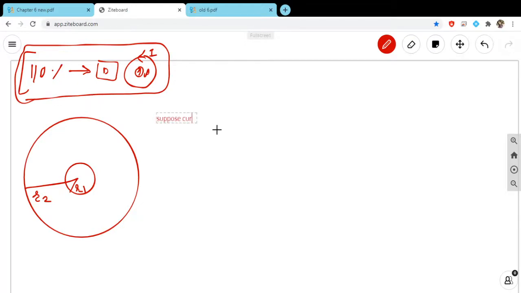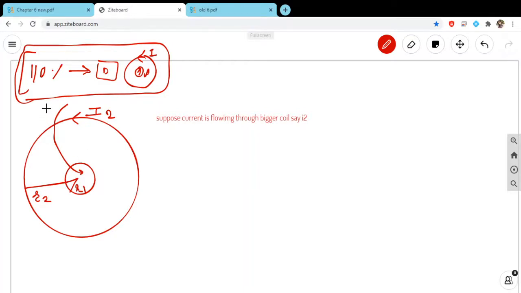Suppose current is flowing through the bigger coil, say I2. Suppose here the current that is flowing through the bigger coil is I2. So the magnetic field will be produced due to I2 and that magnetic field will be associated with the smaller coil.